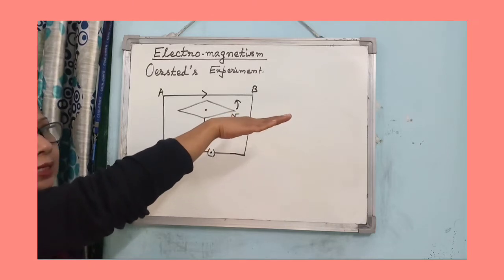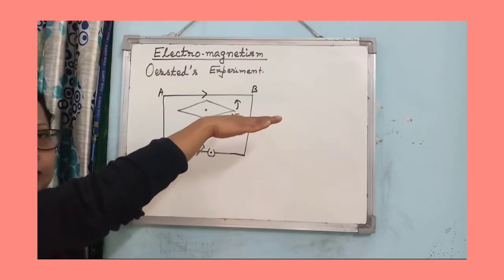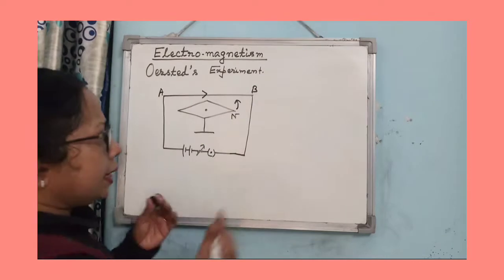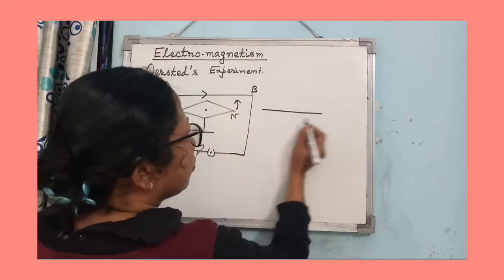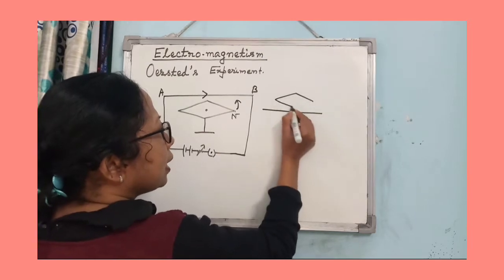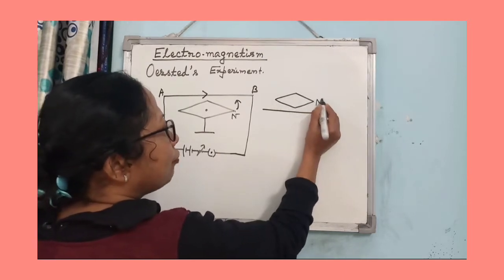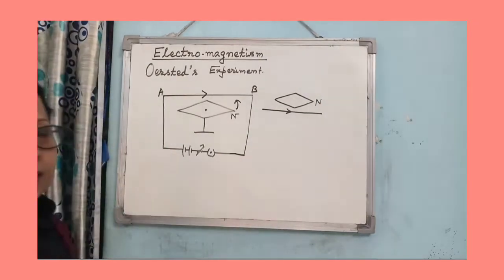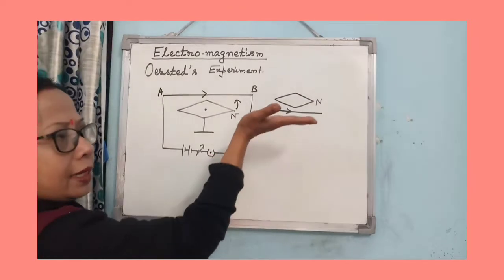Now here, as the thumb is away from you, you cannot see it, so I am showing it in the opposite direction. Suppose the needle you have kept upward, above the conductor. You see, then how will you use the right hand palm rule?